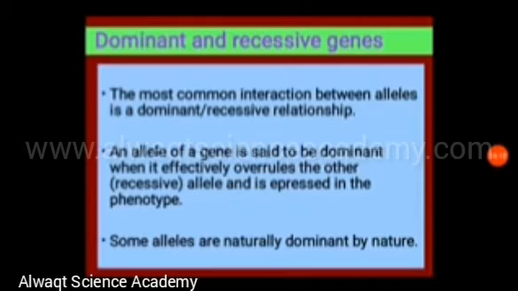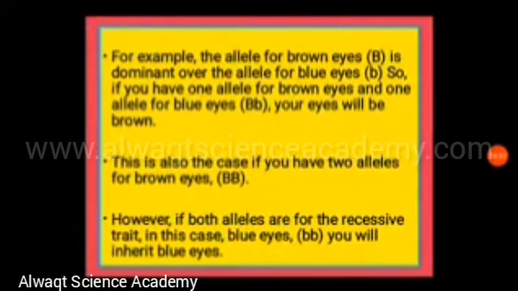So an allele or a gene is said to be dominant when it effectively overrules the other allele and is expressed in the phenotype. An example of this can be seen in the allele for brown eye and the allele for blue eye. Naturally, the allele for brown eye is always dominant, while the allele for blue eye is recessive.